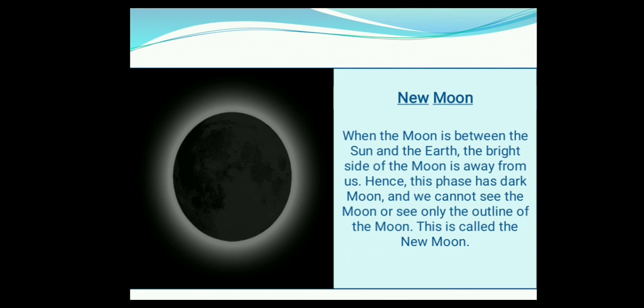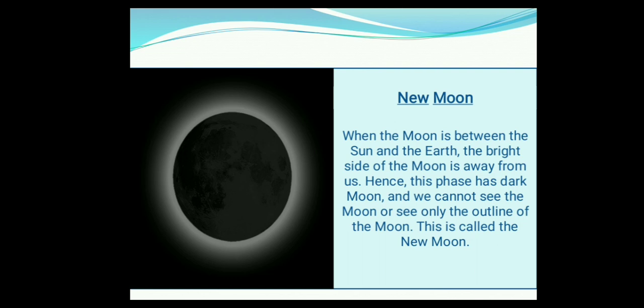This is called the new moon. So what we see here, in the new moon, the moon becomes completely dark because the unlit side is facing the earth. The new moon is the only time when a solar eclipse can happen because it is the only time when the moon is between the sun and the earth.